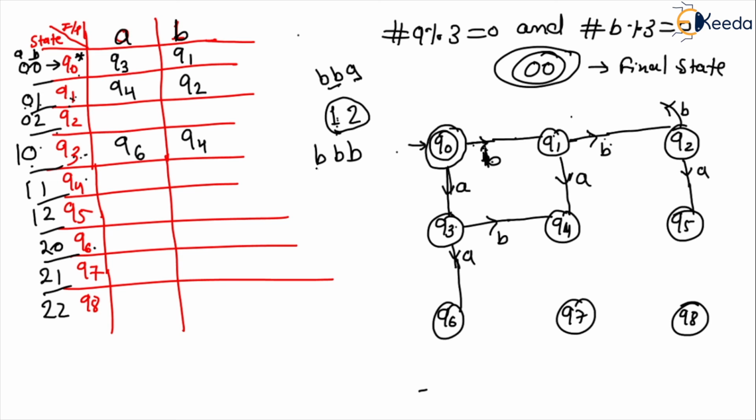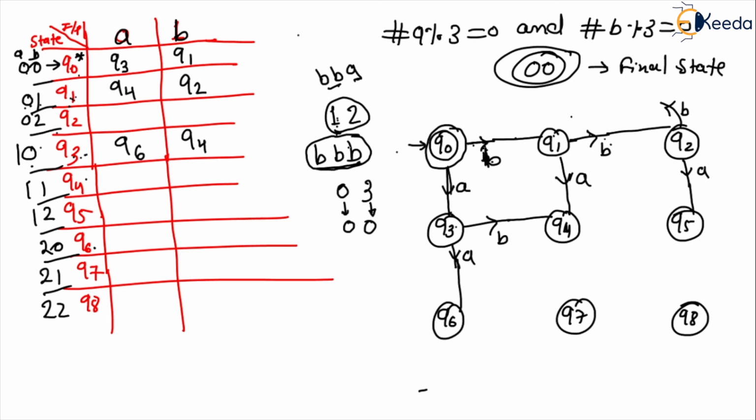Then the complete string is triple B. Now in this string there is no A, so the number of A is 0, and the number of B is 3. When you divide 0 by 3, the remainder is 0, and when you divide 3 by 3, the remainder is also 0. Got it? We just see the remainder. So the number of A is divisible by 3 and the number of B is also divisible by 3, because the string contains exactly triple B.